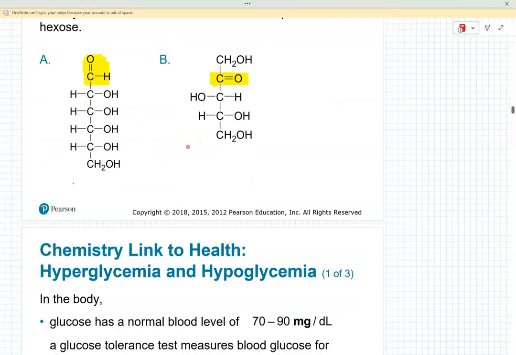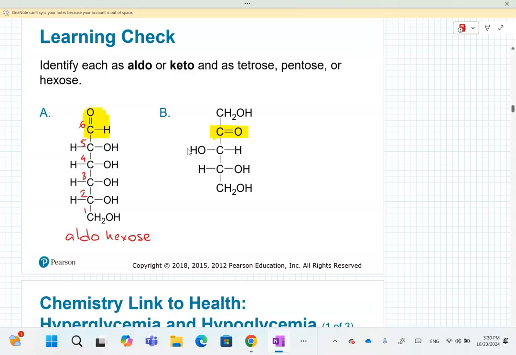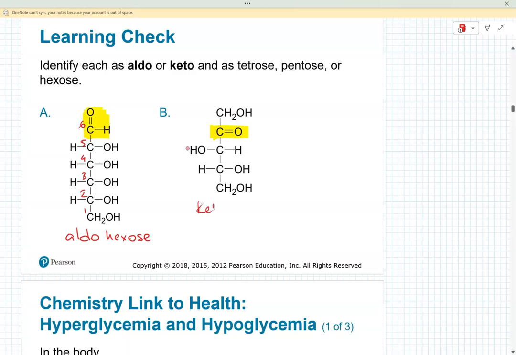Aldo. How many carbons? 6. Everybody agrees? What about the second one? What's the functional group name? How many carbons?